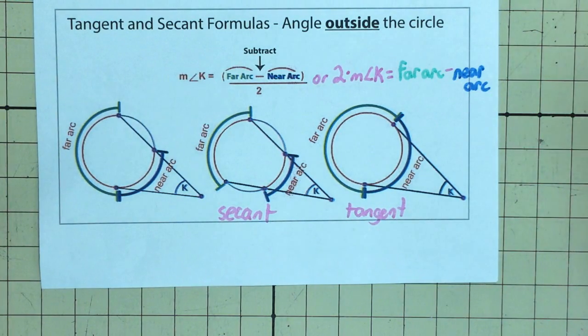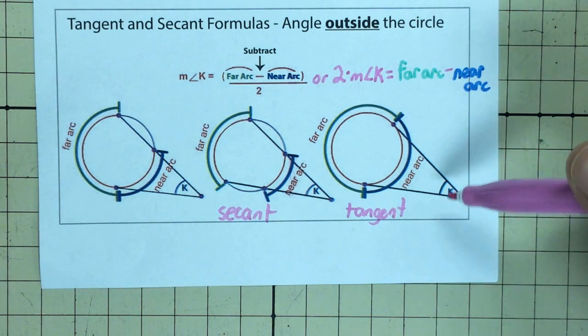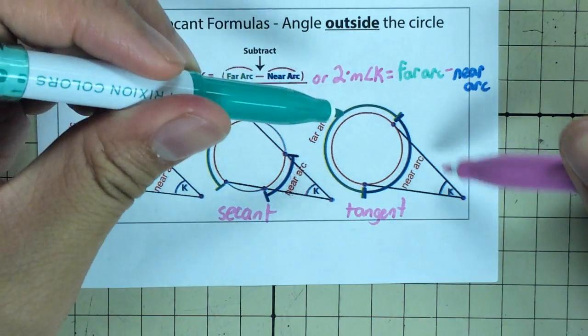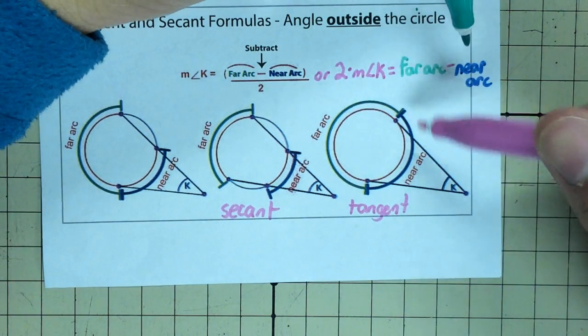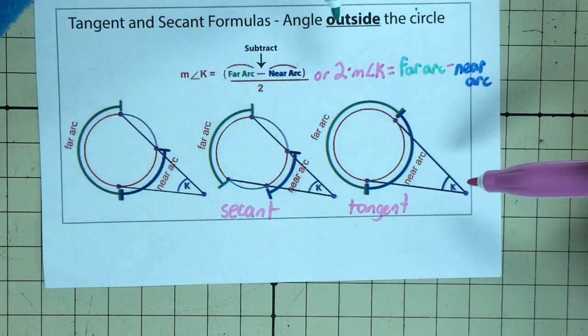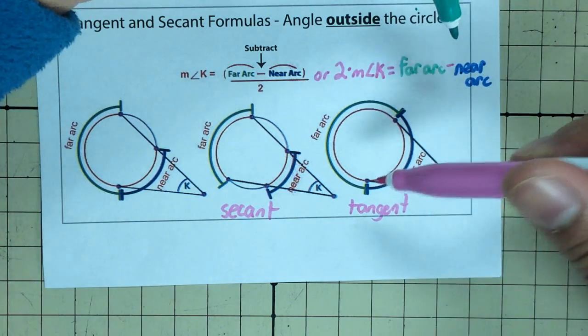Or another way to express this formula is 2 times your angle K, double your angle, equals far arc minus near arc.